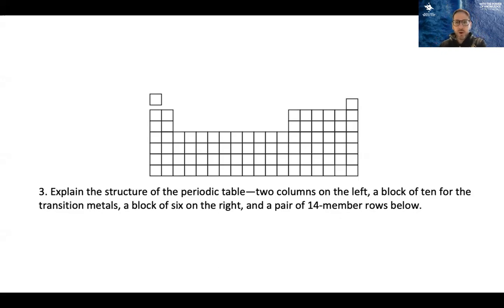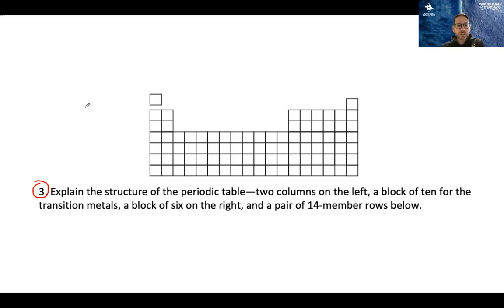So the question was regarding question 3 of our homework, which reads, explain the structure of the periodic table: 2 columns on the left, a block of 10 transition metals, a block of 6 on the right, and a pair of 14-member rows below.